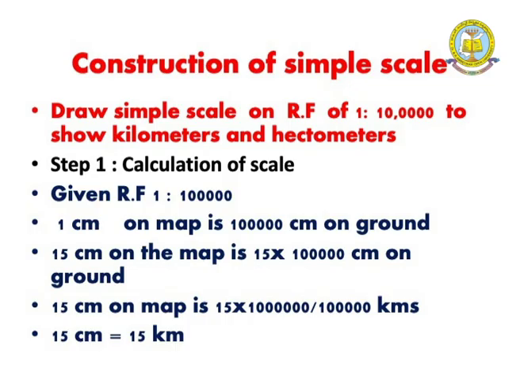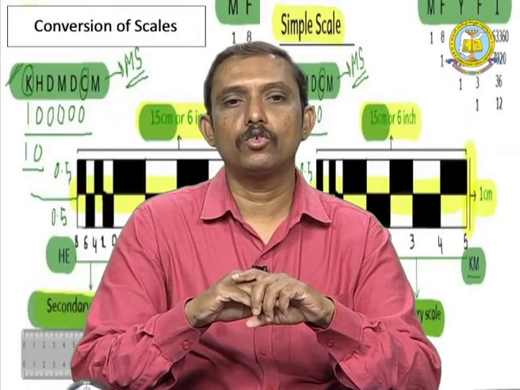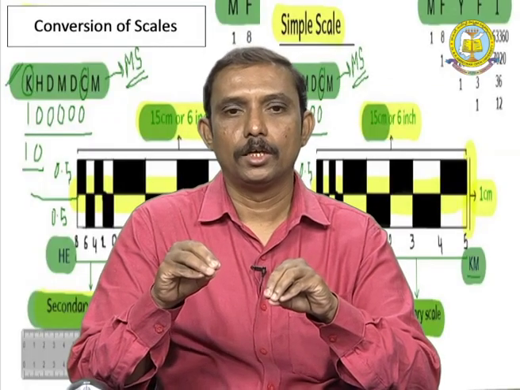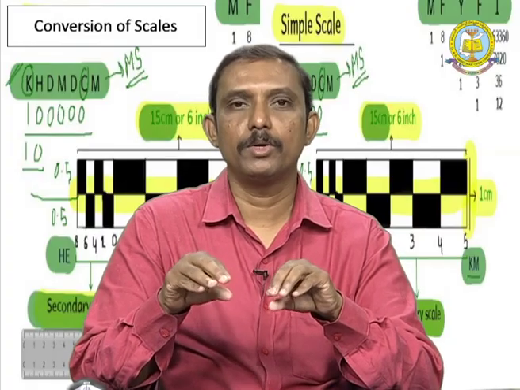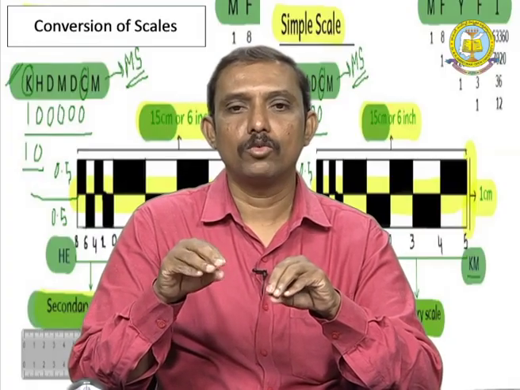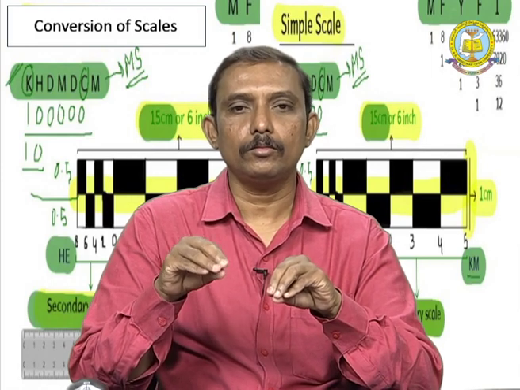Then we can use some units for that. For example, 1 centimeter on a map is equal to 1 lakh centimeters on the ground. Right now we are drawing for 15 centimeter in a metric system. For 15 centimeters on a map, this RF will represent 15 into 1 lakh on the ground. Then we have to convert this 15 lakh centimeters to kilometers, we have to divide it by 1 lakh.